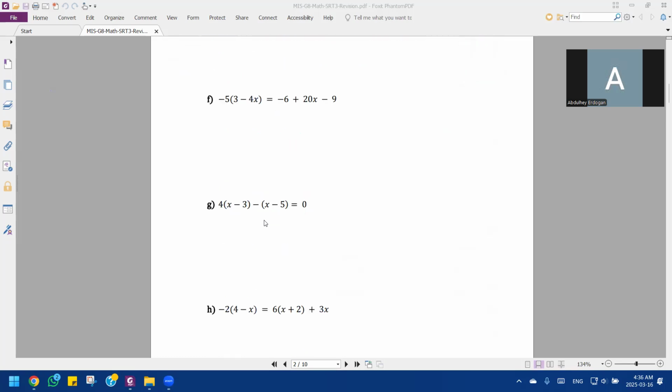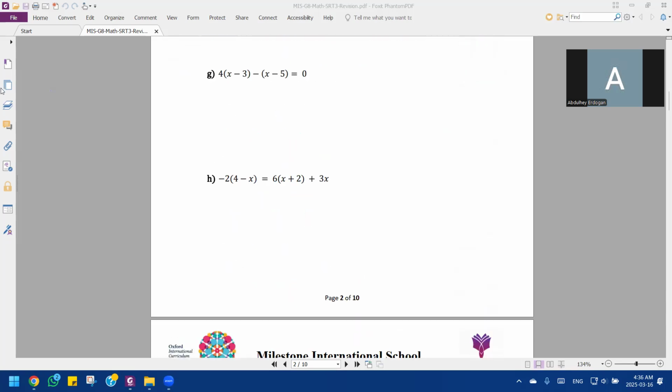Now G and H. So 4 by x, 4x minus 12. Now, as we talked about this minus, it changes all the signs in the bracket. So minus x plus 5. This is equal to 0.